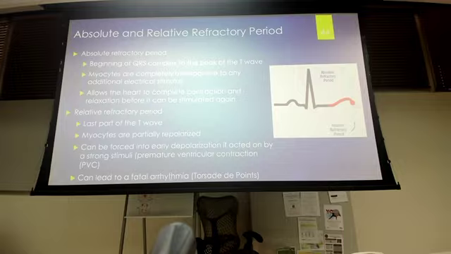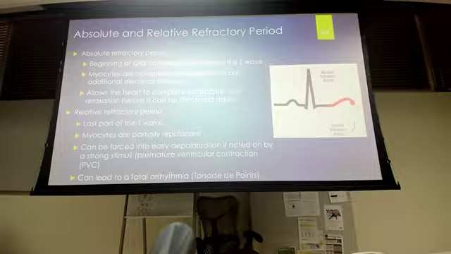And that is called the absolute refractory period. The absolute refractory period begins at the beginning of the Q wave, and it ends as we go through the upslope of our T wave, where it's slow upgoing, and then it goes down quickly.